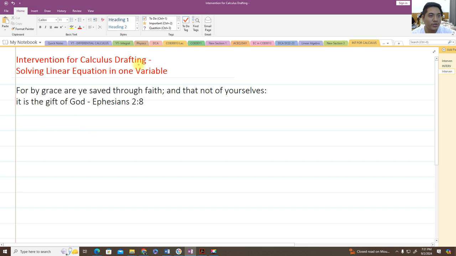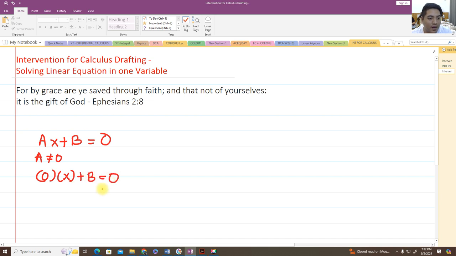So by linear equation, we mean that we have ax plus b equals some constant, or can be equal to 0, where a cannot be 0, okay? Because if that would be 0, that would only be a constant. So 0 times x would be, let's say, b equals 0.